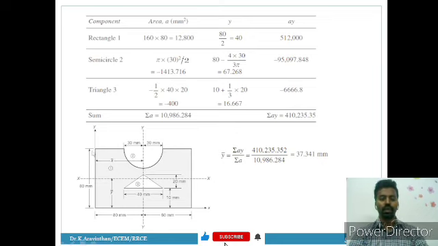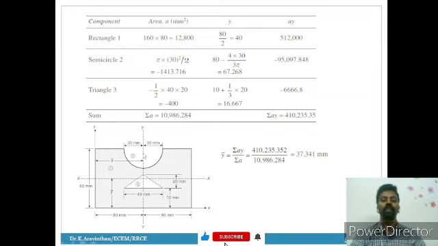And for the half circle, first you have to add. See, a total of 80 mm is given here. You know the centroid from the center. The centroid of this half circle acts exactly at 4r divided by 3 pi from the top surface. Here r is 30 mm, divided by 3 pi.